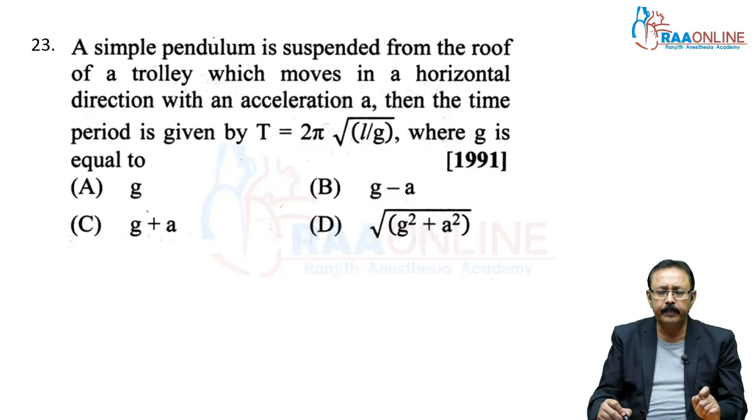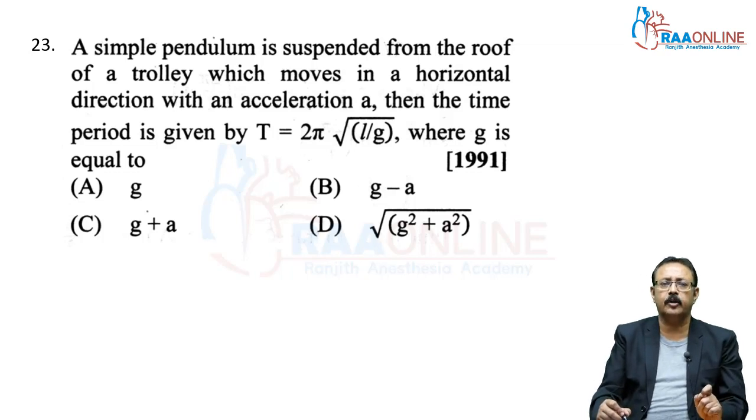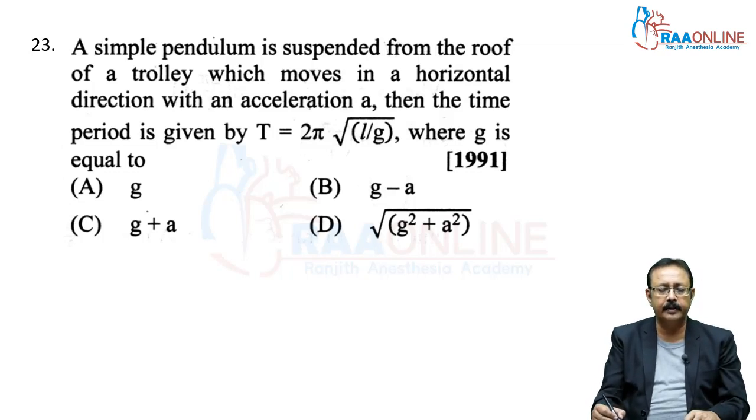23rd. A simple pendulum is suspended from the roof of a trolley which moves in a horizontal direction with an acceleration A. The time period T is given by this. Now at your bob of simple pendulum, it will experience two accelerations, one due to trolley's motion, another due to gravity.